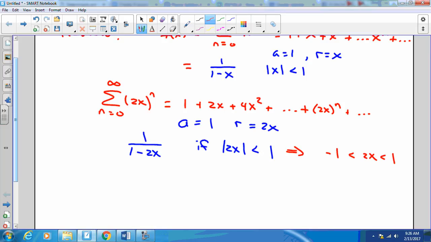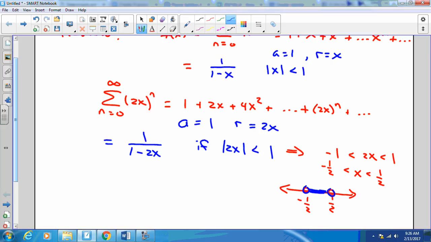Or in other words, that x is between negative 1/2 and positive 1/2. This set is called the interval of convergence. And it is telling us all of the real numbers for which this series actually gives us a value and therefore converges to this closed form criteria.